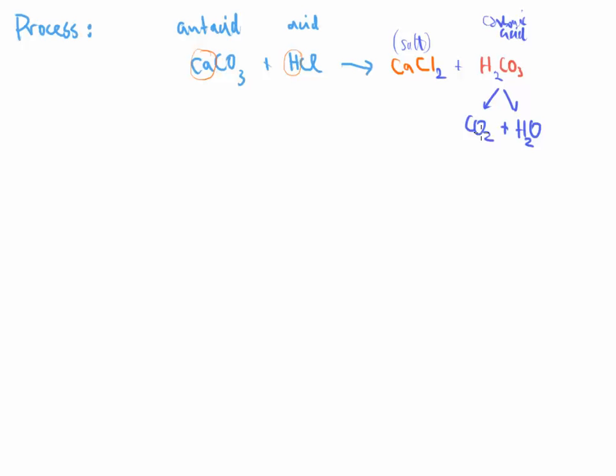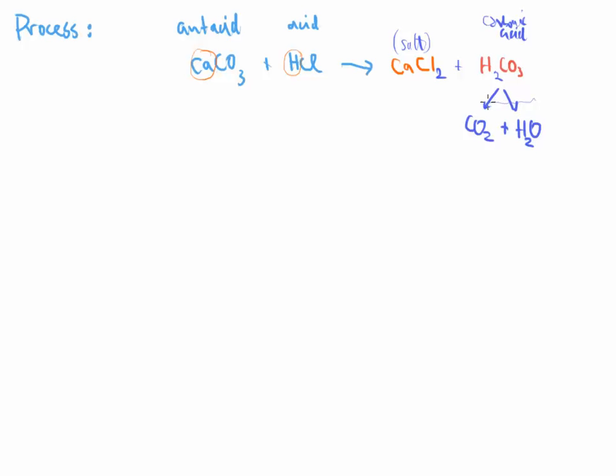Okay, so I need to make sure that I know how to balance this equation, right? I mean, we have to have a balanced chemical equation before we can do anything. So I just want to make sure that this is okay. I've got one calcium. I've got one CO3 group, and here I've got one CO3 group. I know this breaks down, but it's a one-to-one relationship, right? A carbon and two oxygens come down, and the two hydrogens and the oxygen marry up to make water.